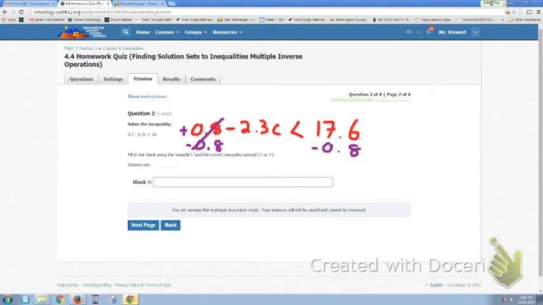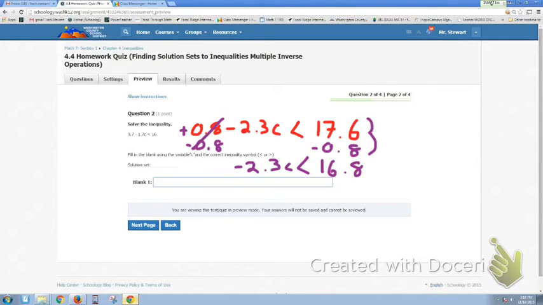That goes to 0. I'm left with a negative 2.3c is less than whatever 17.6 subtract 0.8 is, and that is 16.8. A lot of students will mess up this section right here.